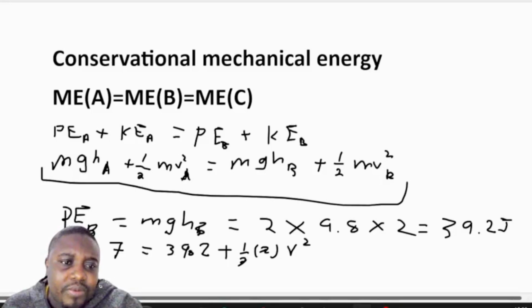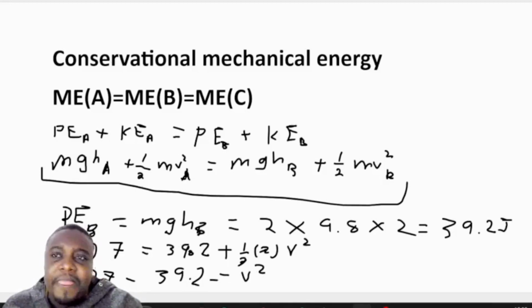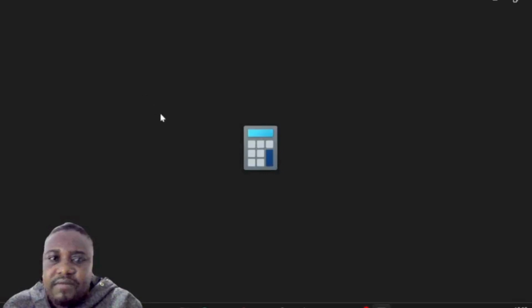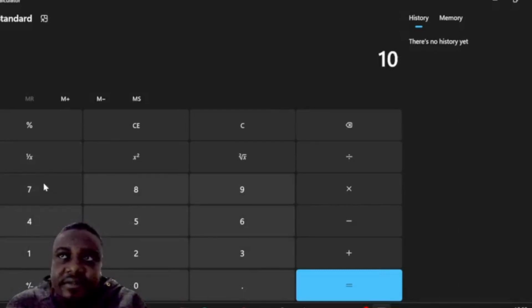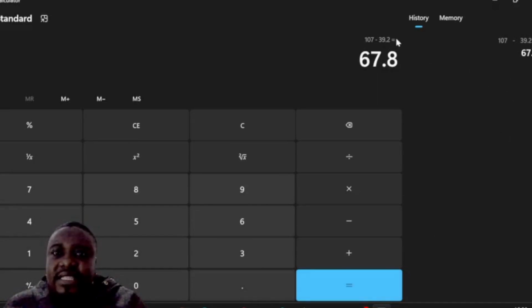Then you will see that it's going to be 107 minus 39.2, which is equal to v squared, because we are subtracting, we're taking it to that side. If you use your calculator, 107 minus 39.2, we got the answer 67.8.